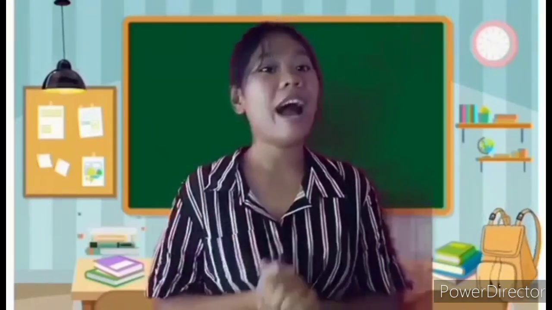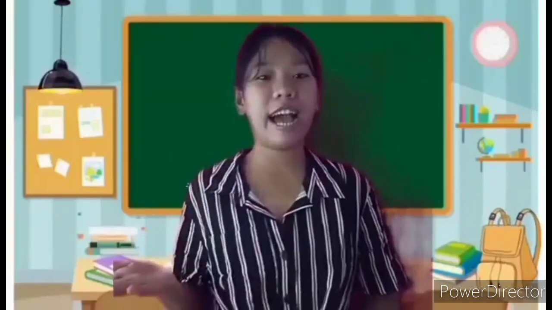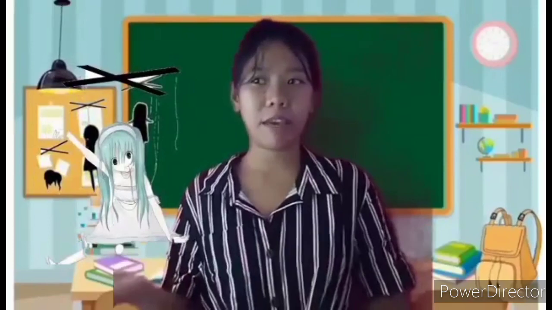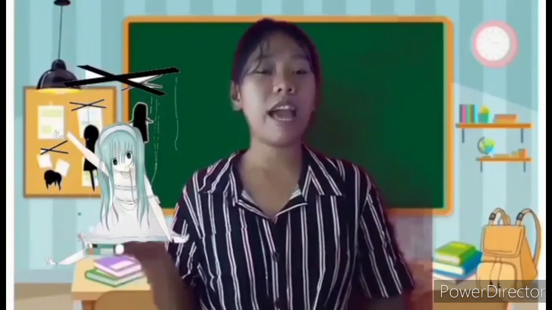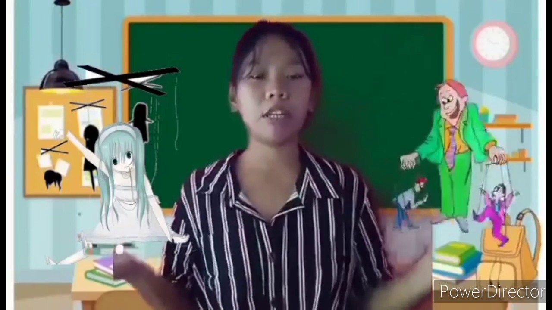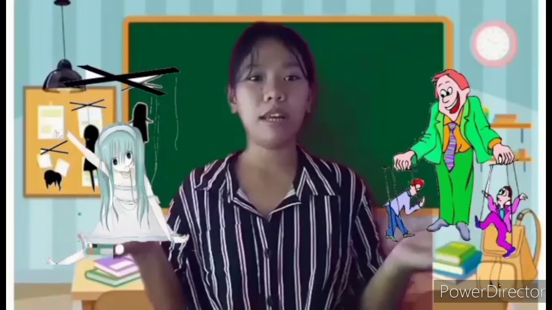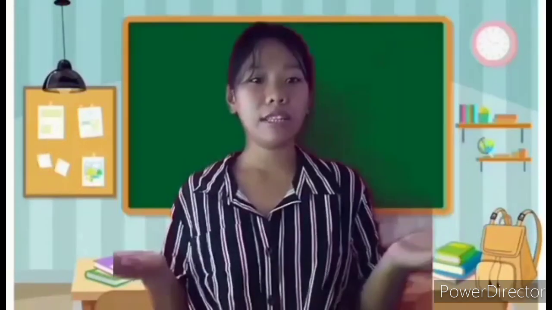Today, I am going to tell you a story. I have here Angela. Angela is a puppet. She is lifeless and cannot move. And then, we have here the puppeteer. Because of the puppeteer, Angela was able to move. Now, how was Angela able to move?